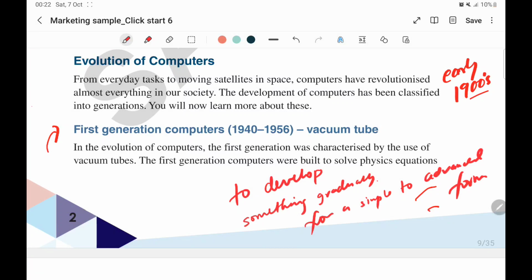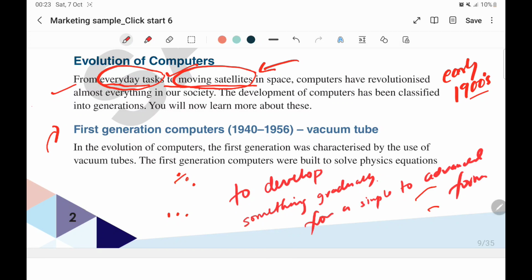If we talk about today, from everyday tasks to moving satellites, computers are doing normal work. It is used in offices, used to design, used to study, used to do calculations. It is also controlling satellites in space. It is doing so many things, from small to very big, from very general to very prominent, from very slow to very fast.